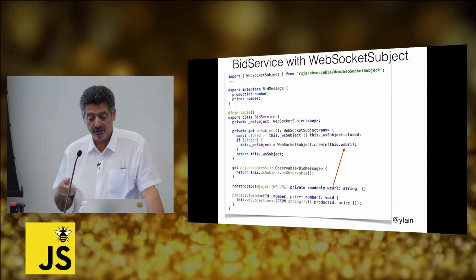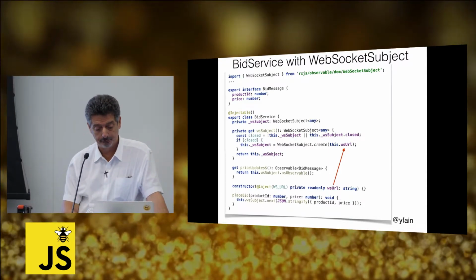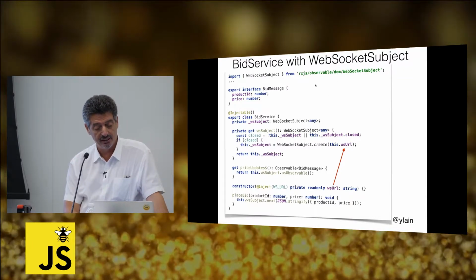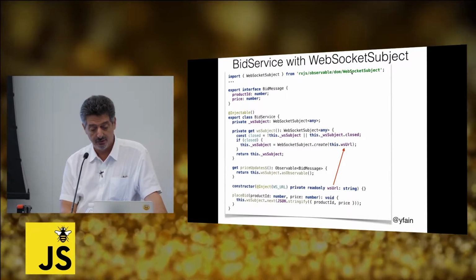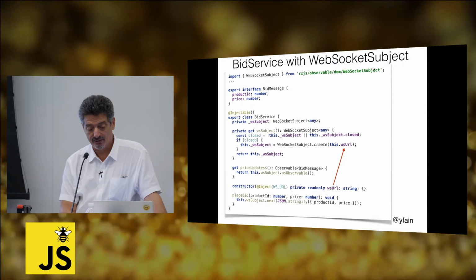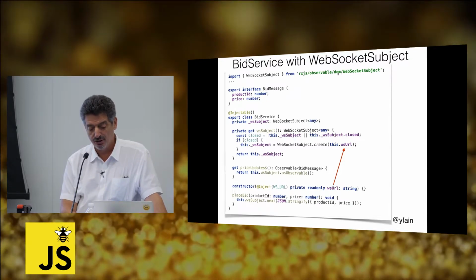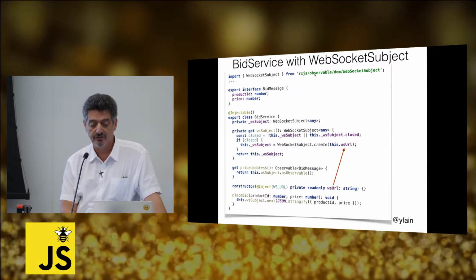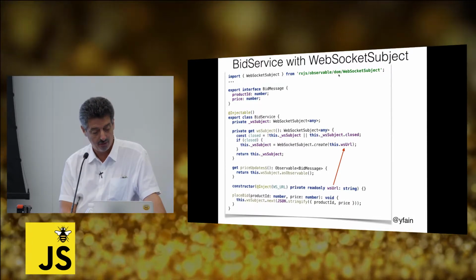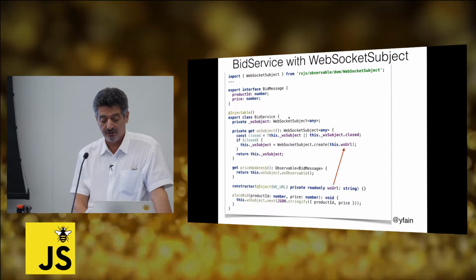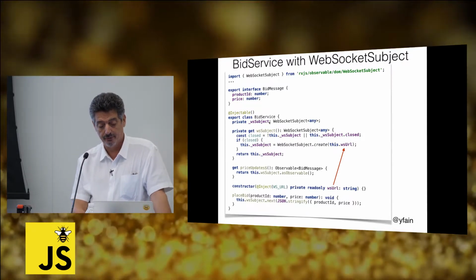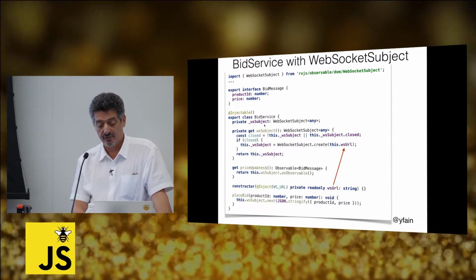In that example, I'm using the bid service. I create a bid service, and I am using this WebSocket subject. In version 6, they changed the location a little bit, so now it's rxjs/webSocket, the name of the module. In the class, here's my variable.